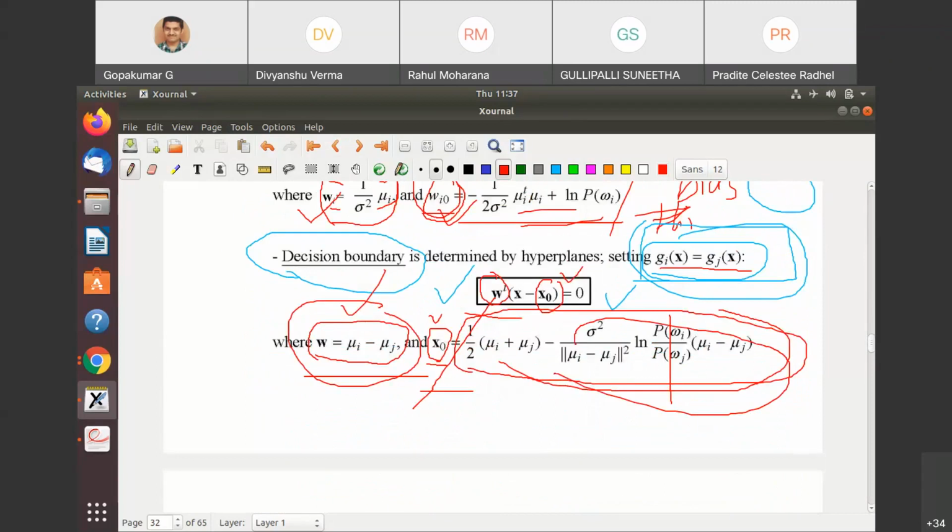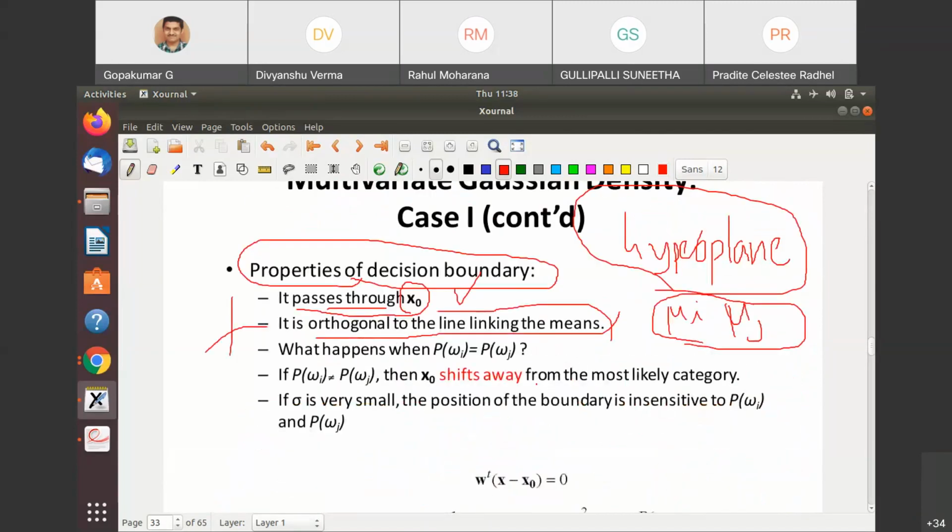Now what we get is x0 equals mu i plus mu j divided by 2. So x0 is exactly passing through the middle of the line connecting the two mean vectors, mu i and mu j. So that is one property.